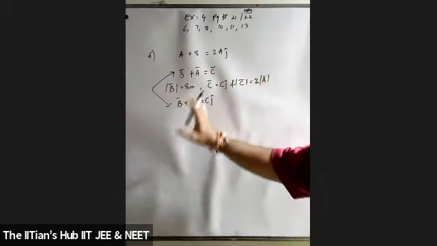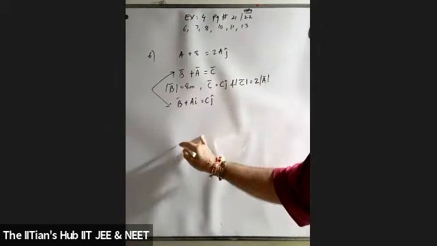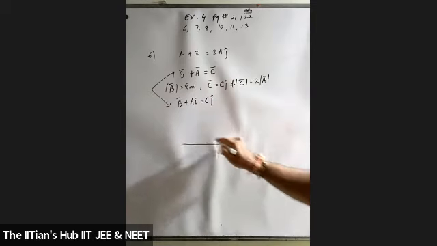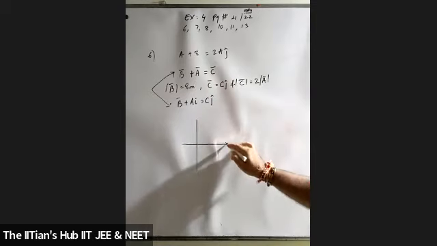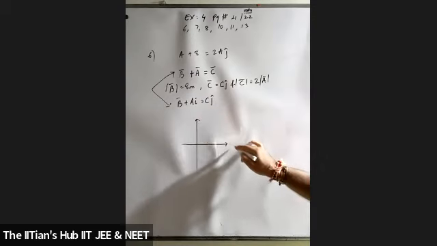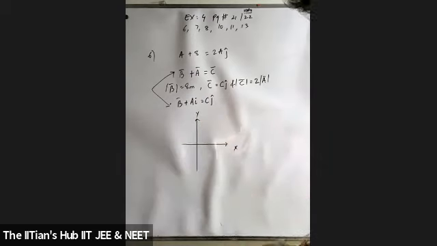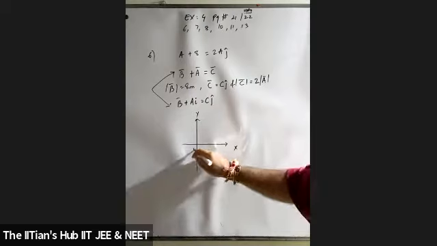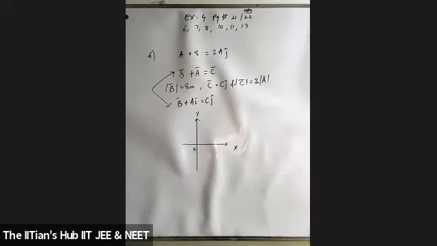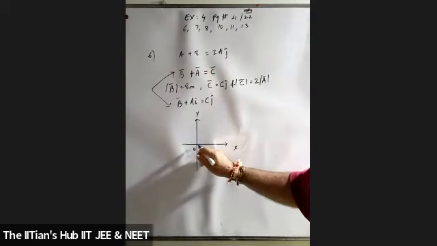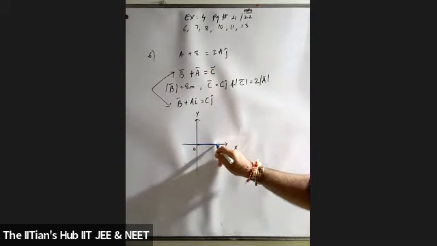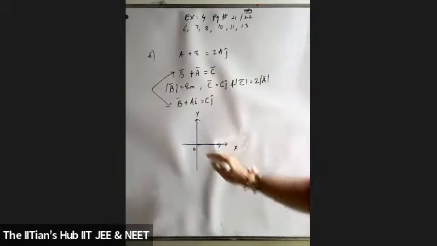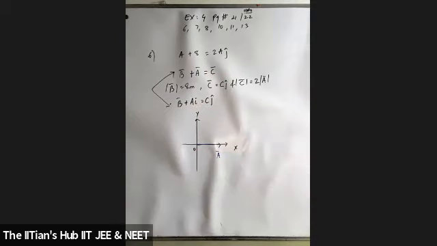Now, if I want to show this in the form of a diagram, can I do that? Why not? Let me take this as the x-axis. This is the y-axis. Let us consider this as the origin. Vector A along x-axis, I'll take this as vector A. If I add it to vector B, their resultant is C, and that is along the y-axis.